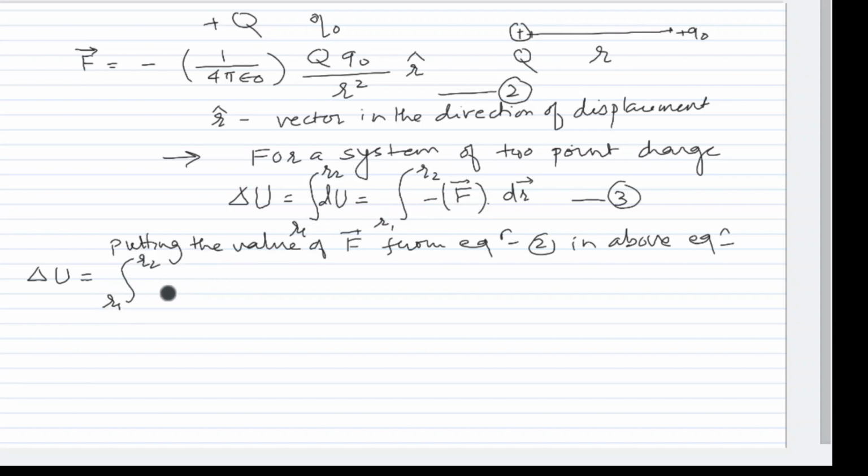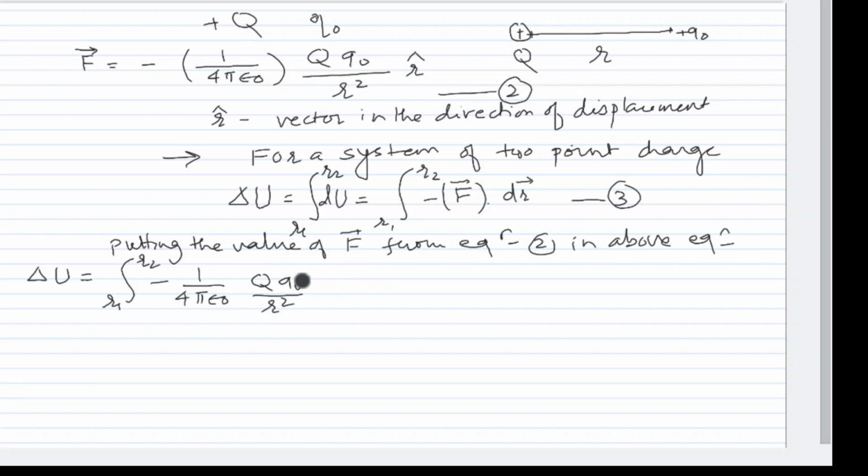Let us consider this now, minus, what is the value of this? 1 upon 4 pi epsilon 0, Q into Q0 upon r square.